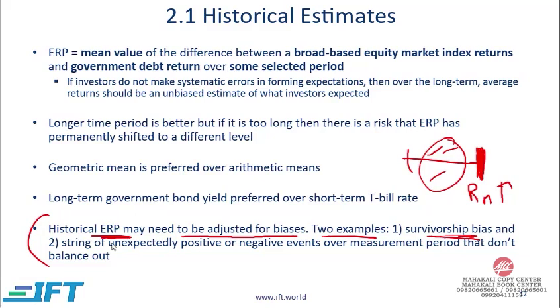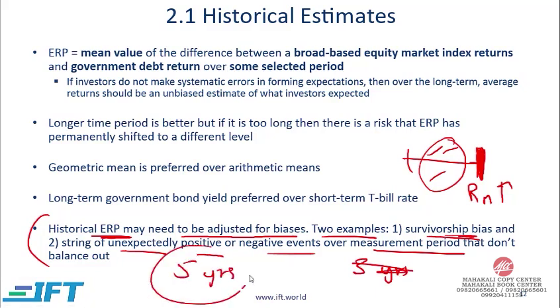The other bias is a string of unexpectedly positive or negative events over the measurement period. Let's say that our measurement period is, let me pick 5 years because that is used quite often. And let us say that over the last 5 years, our economy has been in a slump.